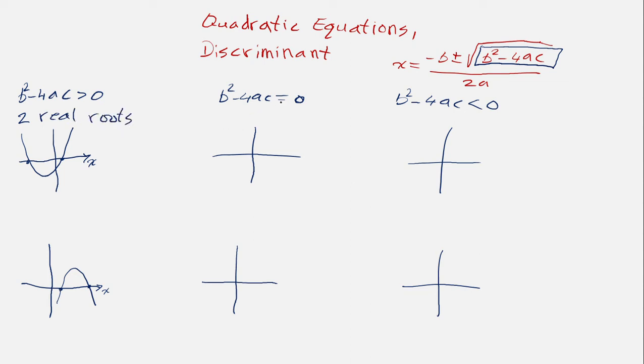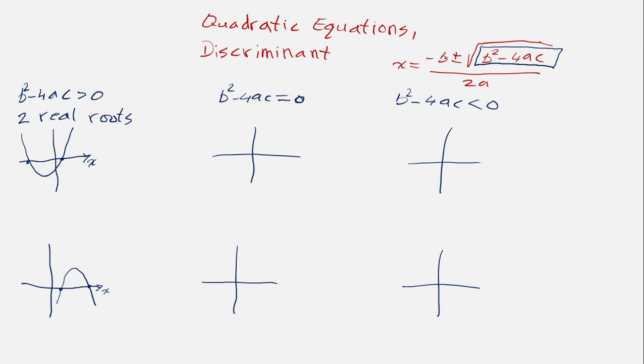Now, if the discriminant is equal to 0, if what's under the root right here is equal to 0, then square root of 0 is 0, so that will be completely gone. So we will just end up with negative b over 2a. So in that case, we will have a so-called double root.